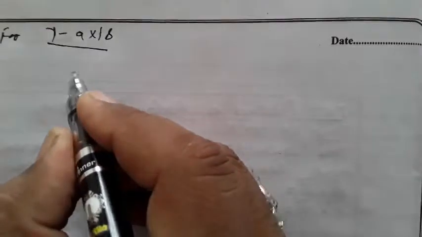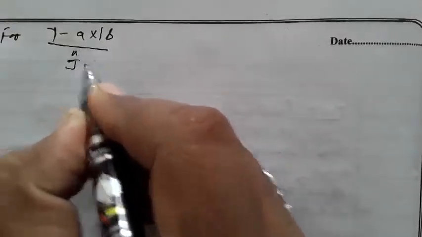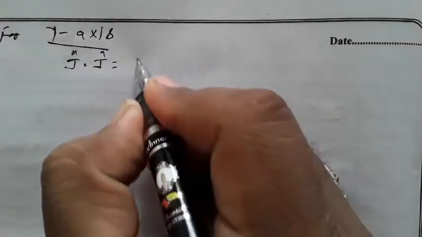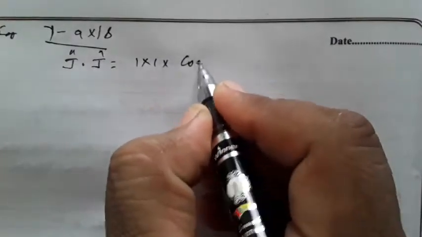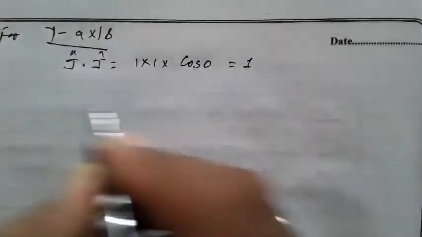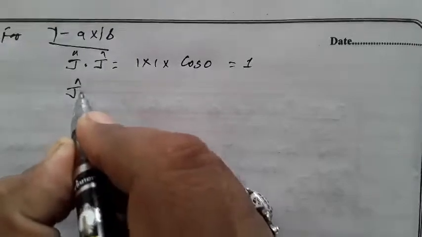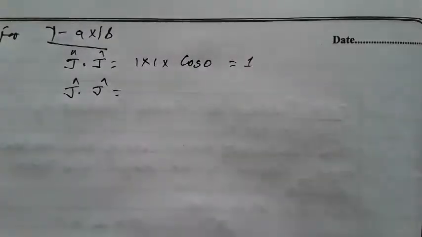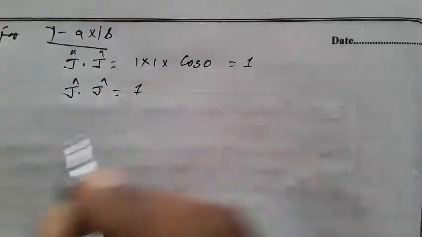For the y-axis, the unit vector is j cap dot j cap, 1 into 1 into cos 0, cos 0 is 1, so j cap dot j cap is equal to 1.